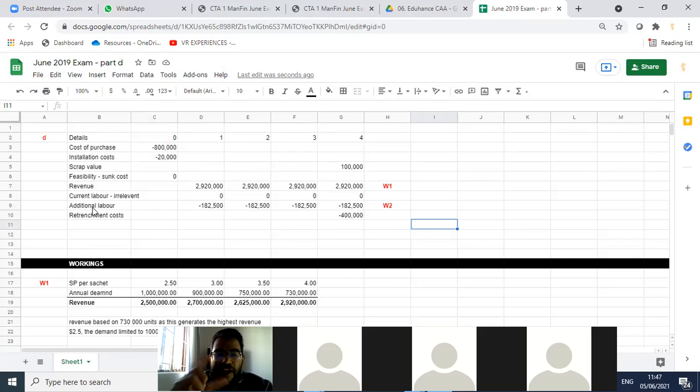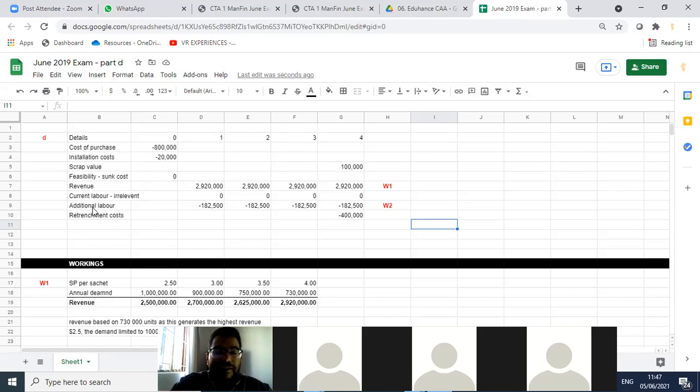Because of the way it's worded. If they had said that additional labor will have to be incurred if we exceed the spare capacity, then we wouldn't have taken additional labor into account, because we only need 365,000 hours yet have 800,000 hours.